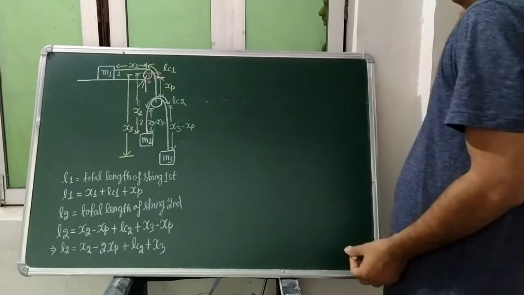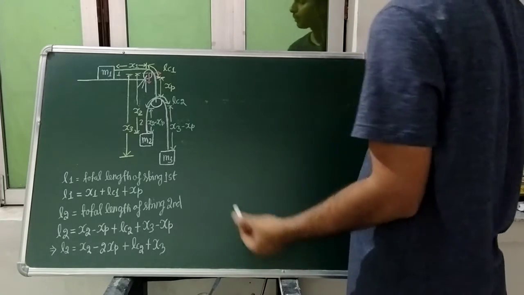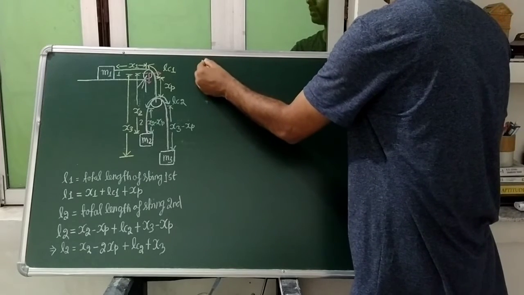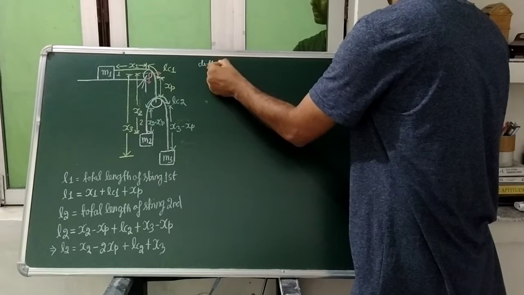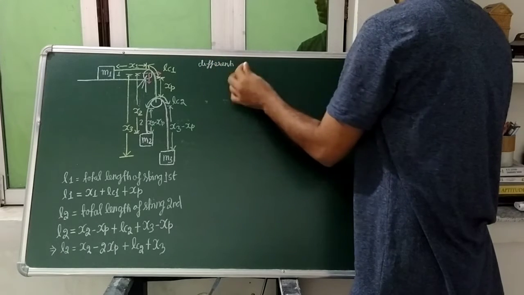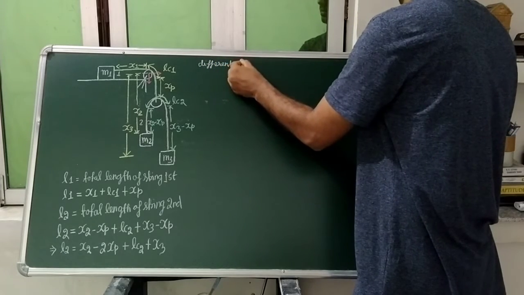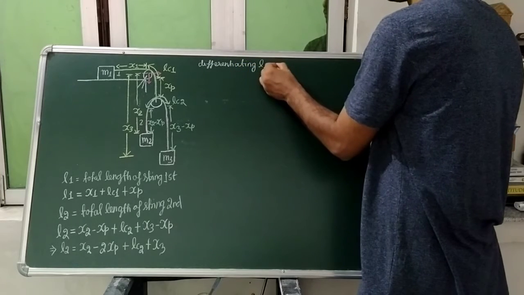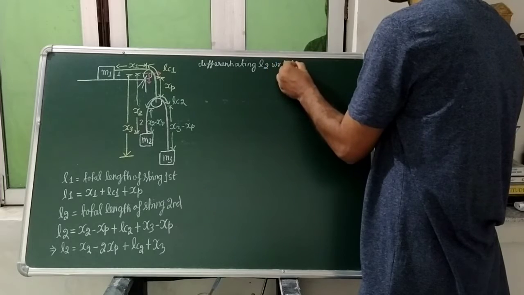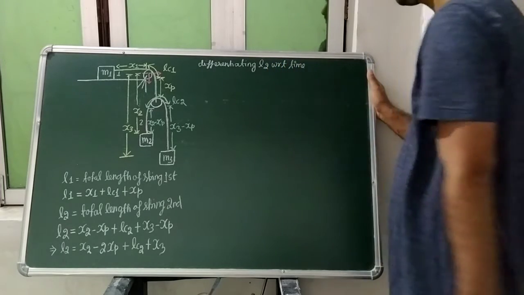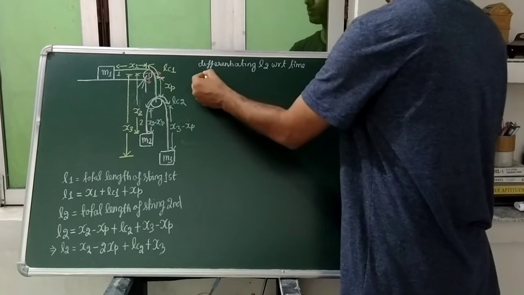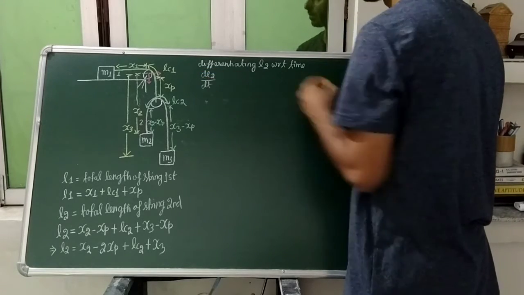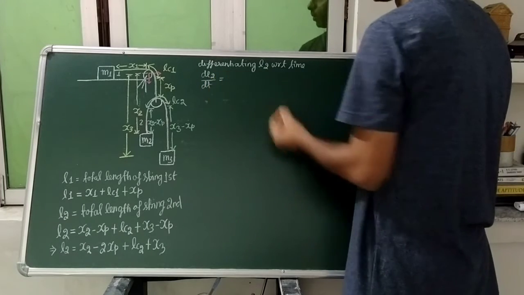Now what will we do, students? After writing the length equation, we shall differentiate it. So differentiating L2 with respect to time, what will we get, students? dL2 upon dt should be equal to what?